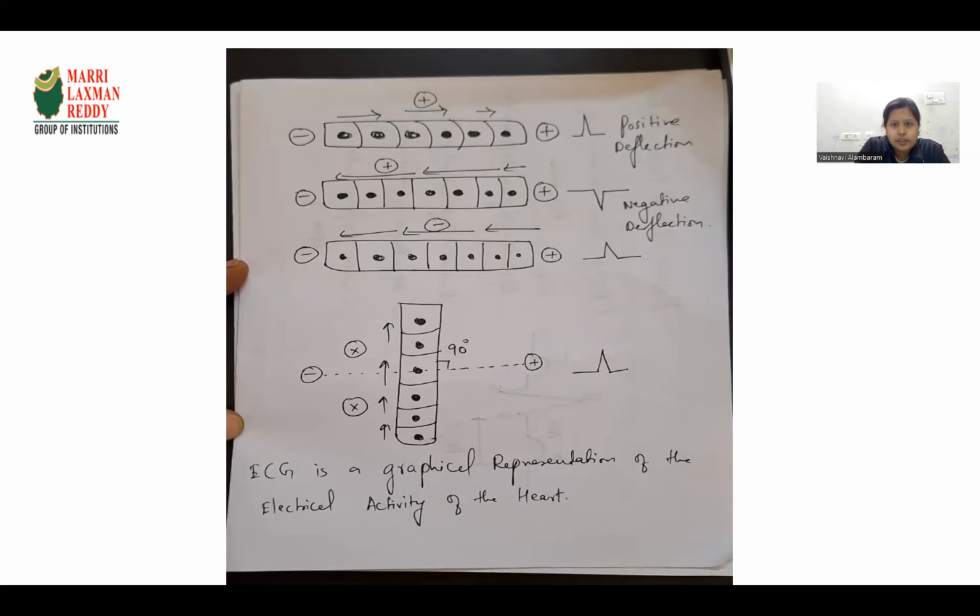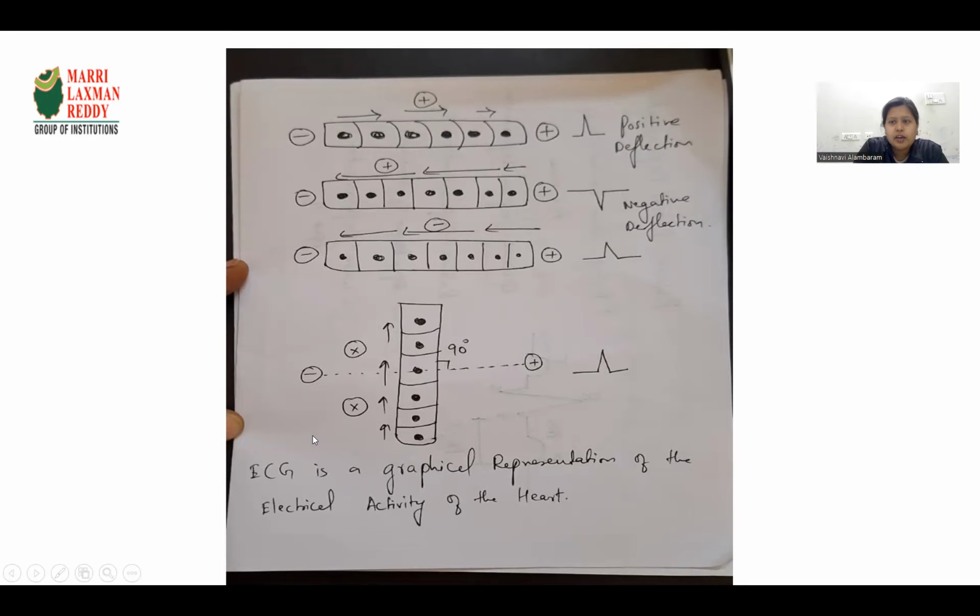As I have mentioned on the slide, positive charge moving towards the positive charge gives a positive deflection. Positive charge moving away from the positive charge gives a negative deflection. Negative charge moving away from the positive charge gives a positive deflection.